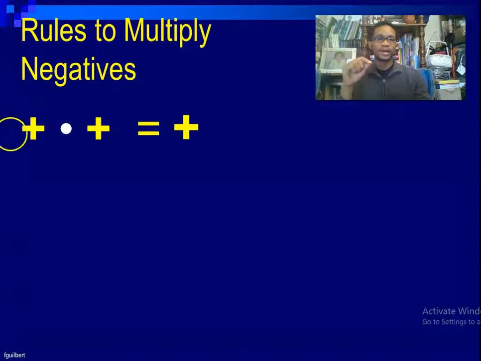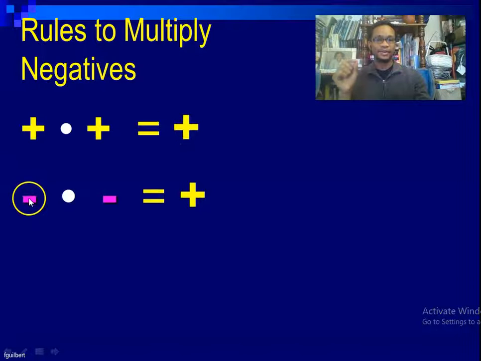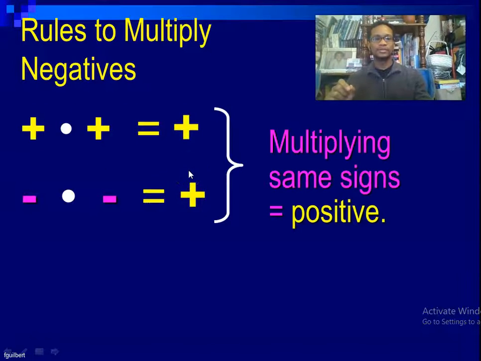So a positive number times positive equals positive. A negative integer times a negative integer is also equal to a positive integer. Multiplying same signs will always give you a positive sign. If they're both positive or both negative, when you multiply them, they always give you a positive sign.